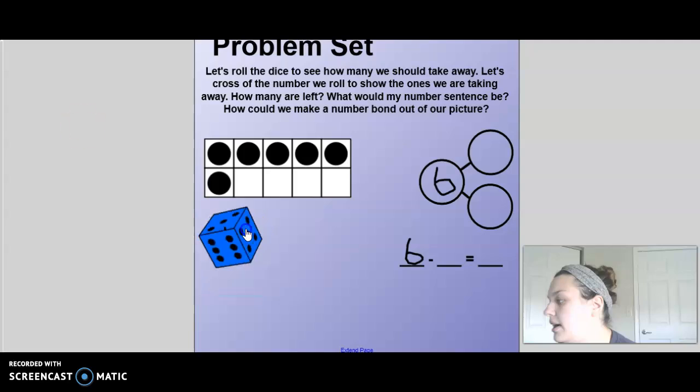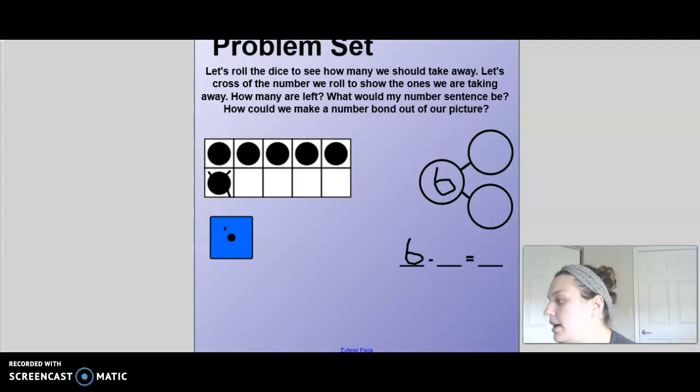Okay, I think I fixed it. Perfect. You're just going to take this many away, which is 1. Okay, go ahead and do that. I'm going to put an X through that 1.